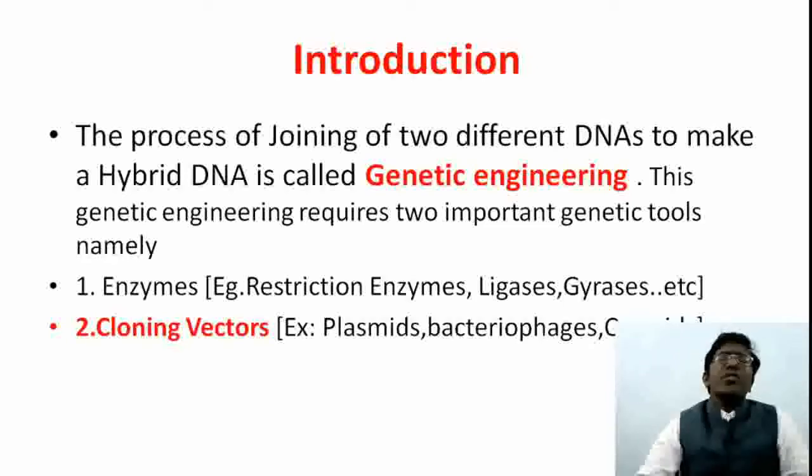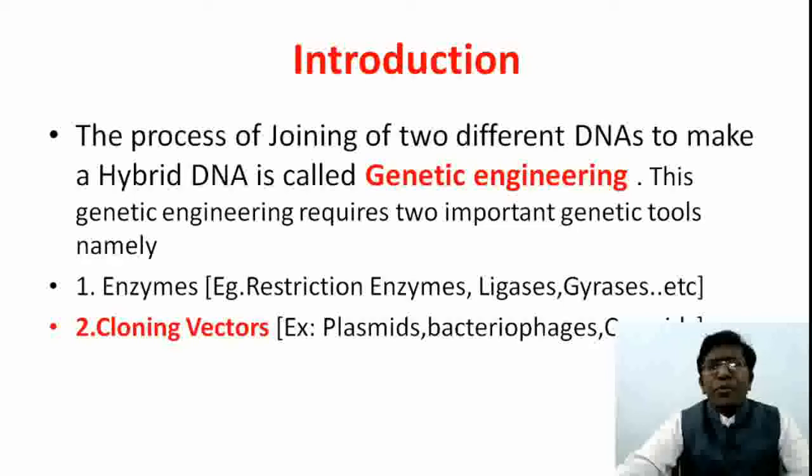And genetic engineering requires two important genetic tools. Number one is enzymes, the DNA enzymes. The second one is cloning vectors. In the previous lessons, you learned about different types of enzymes like restriction enzymes, DNA polymerases, DNA gyrases, DNA ligases.